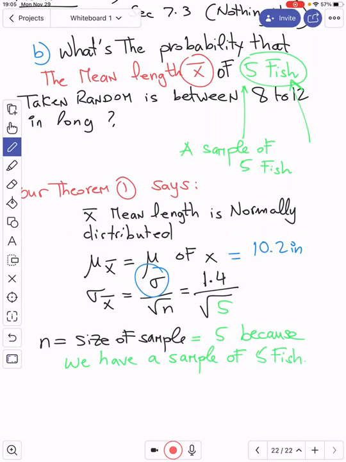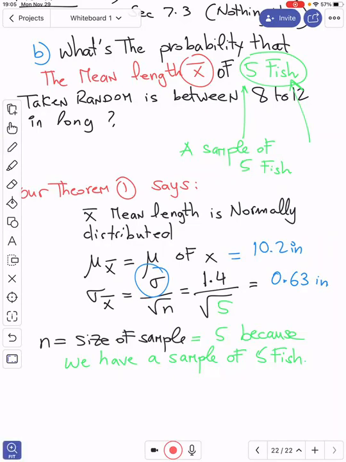So this is actually 1.4 over the square root of 5, which is equal to 0.63. So the standard deviation of x bar is 0.63.